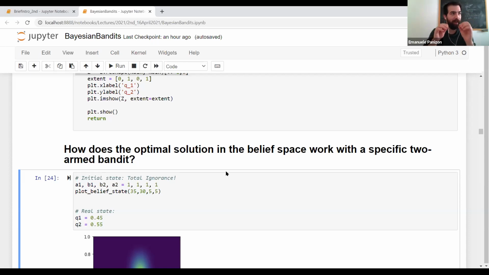So at any point, it's like, what is my current belief? I imagine that I extract things following my belief. I imagine that everything follows my belief, and this is what happens next. And we have a solution for this kind of thing. So this is the optimal solution if my world is completely Bayesian. So if I assume that at each time I will have a randomly distributed state following the belief.